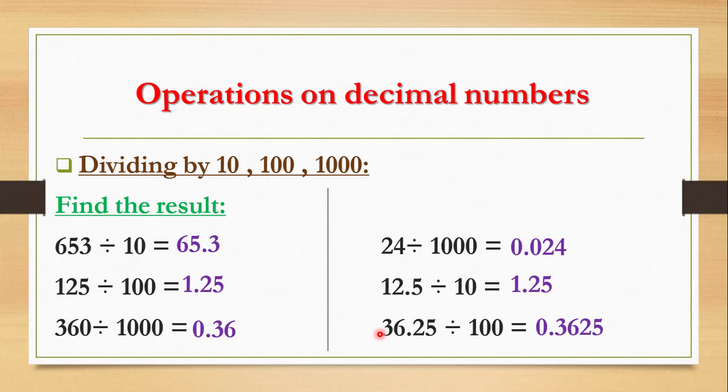So we have 0.3625. If we don't have a decimal point, imagine that the decimal point is here on the right, then move it to the left a number of places according to the number of zeros in the divisor. So here 1 place, 2 places, and so on. Now if we have a decimal point, just move it to the left a number of places equal to the number of zeros in the divisor.